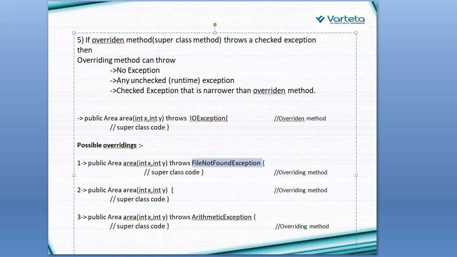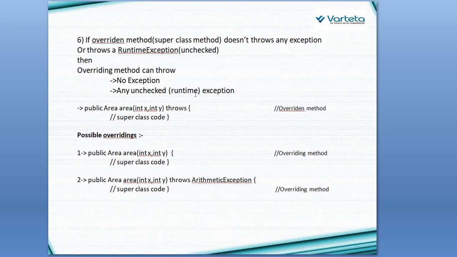And what is the next one? Yeah, this is also related to exceptions. Suppose the overridden method is throwing a runtime exception or it is not throwing any kind of exception. Then what is the possibility for the overriding method? The overriding method can throw no exception or an unchecked exception. Here is the example.